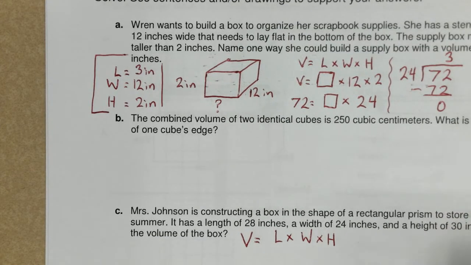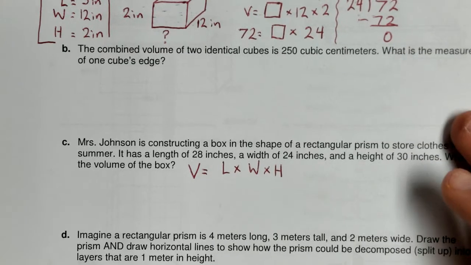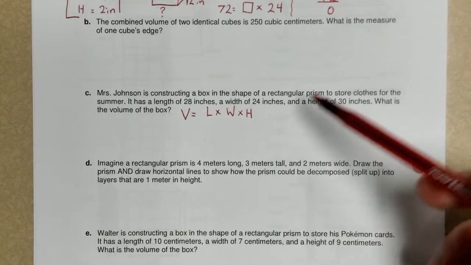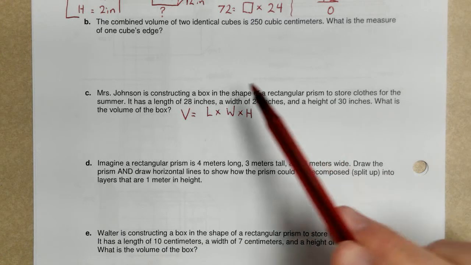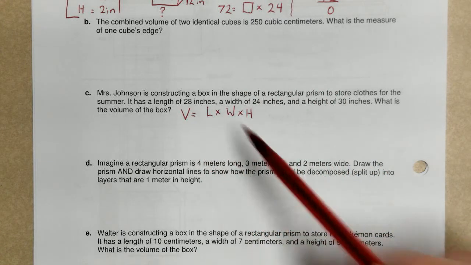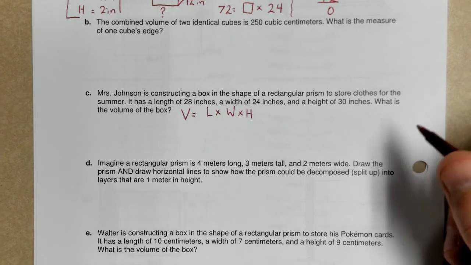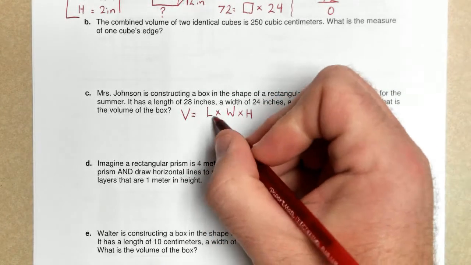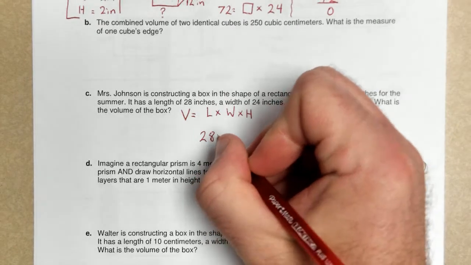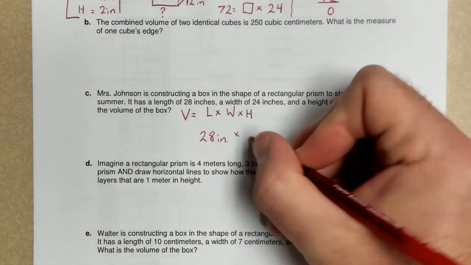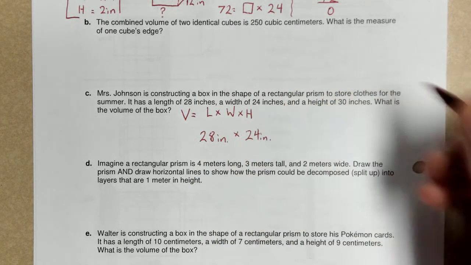Out of all the ones assigned for today, that was probably the most in-depth one. Again, for C, Mrs. Johnson constructing a box, all we need to do is plug in our values. You can draw a rectangular prism, you know I love that, but you really don't even have to. Length is 28 inches. Width is 24 inches.